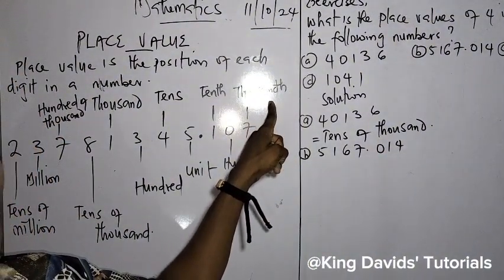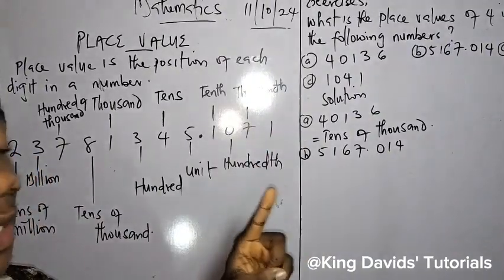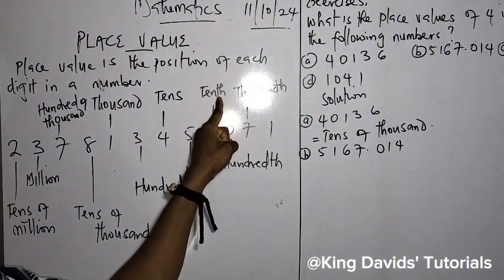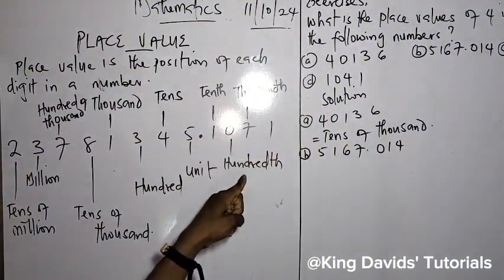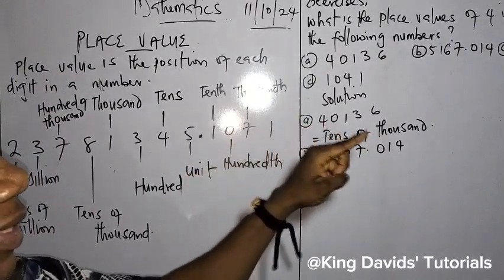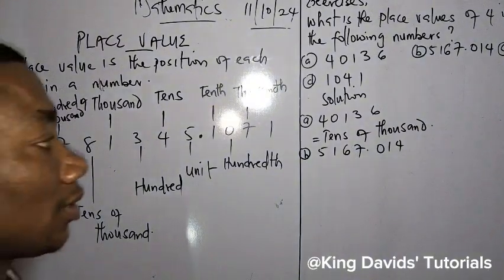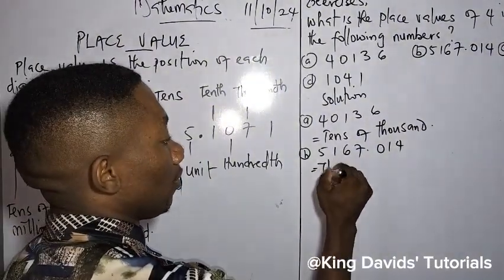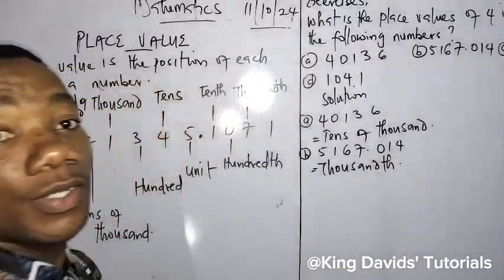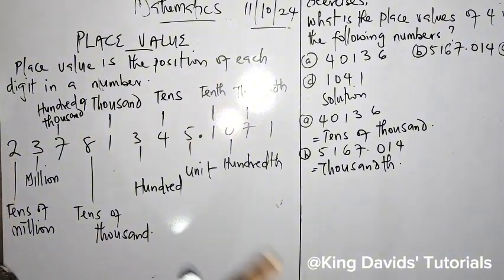Thousandth. Are we following? The first digit after the decimal point to the right is the tenth. The next digit is the hundredth, and the next one is the thousandth. Therefore, our 4 here is thousandth. Remember to add your th, the thousandth.